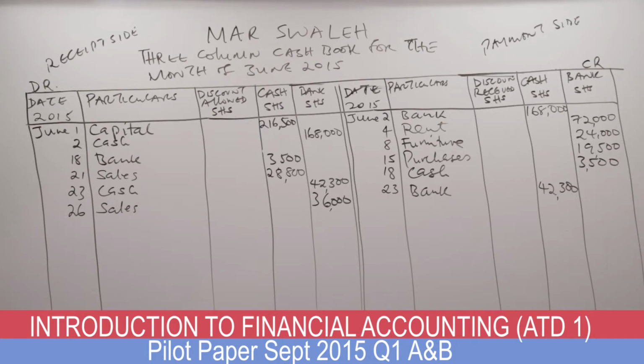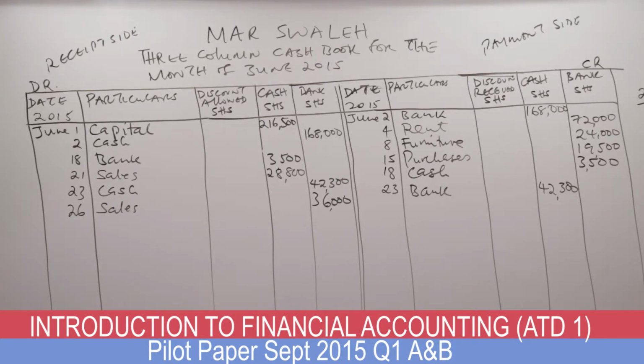So the credit terms we are given here are 2/10 net 30. So you can see Swale bought goods on credit from Bakare.